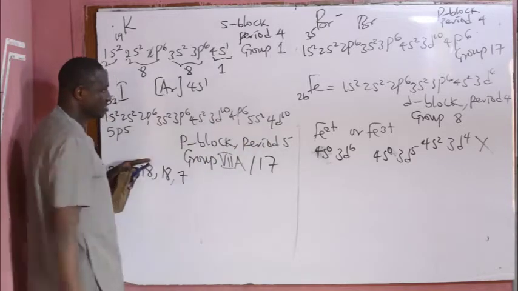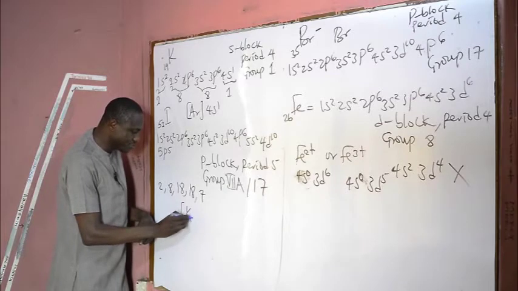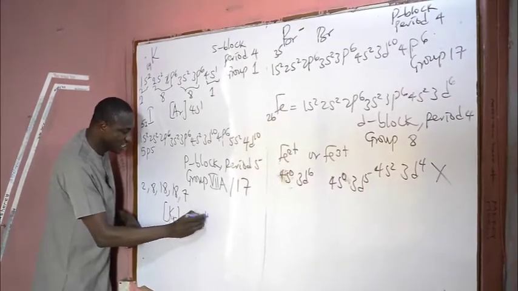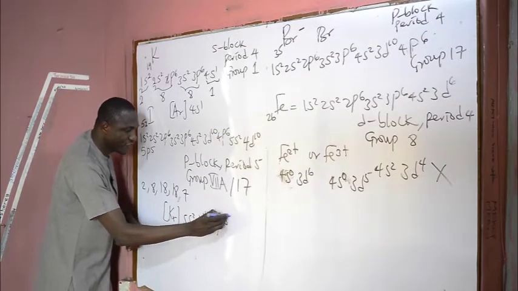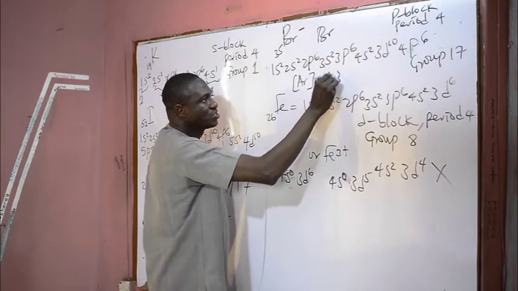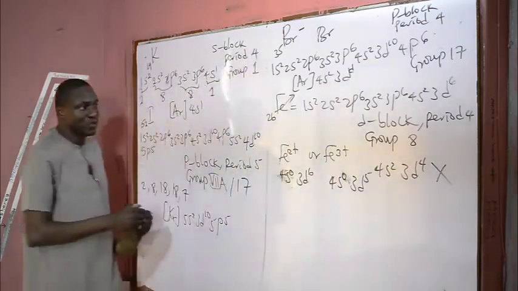Okay, 36. So which atom has atomic number 36? That's krypton. So you have krypton 5s2, 3d10, and 5p5. For this one, you can have argon 4s2, 3d6. I'm referring to the ion, not the bromide ion.